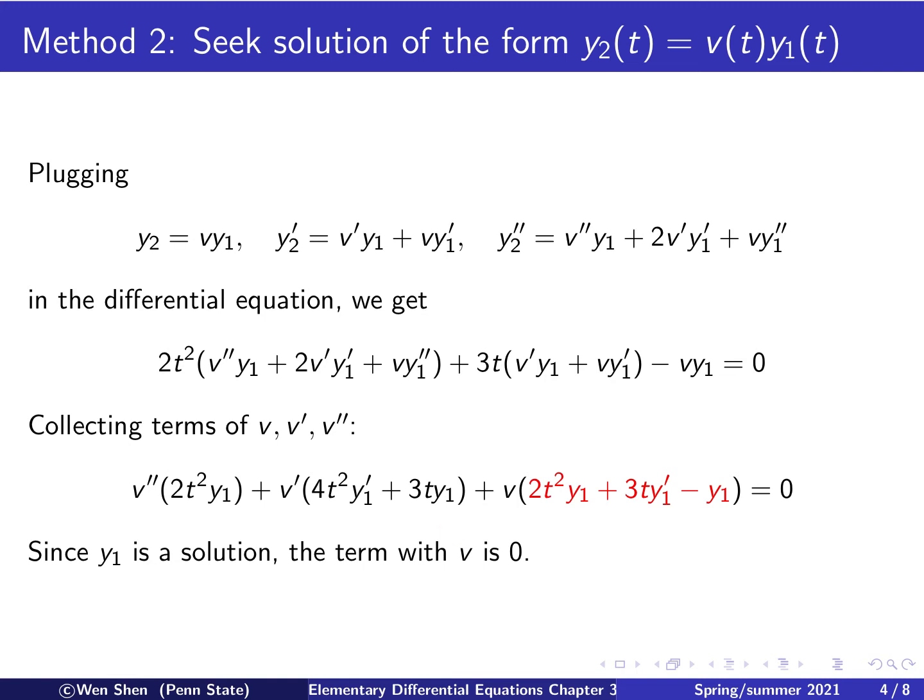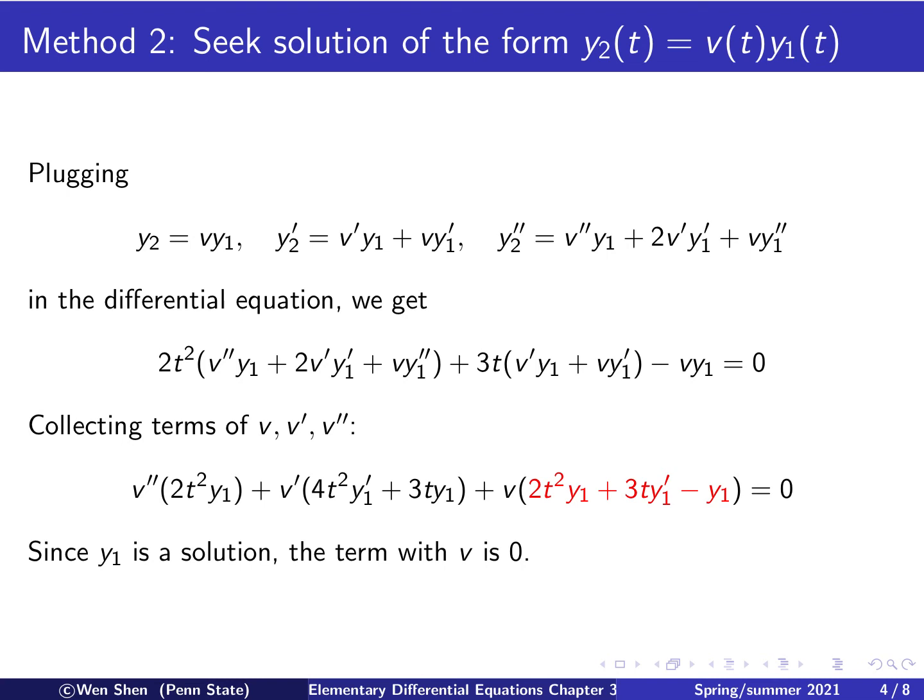I would like to comment that the fact that this last term becomes 0 might seem incidental, like maybe it only applies to this equation, but let me assure you that is not the case.